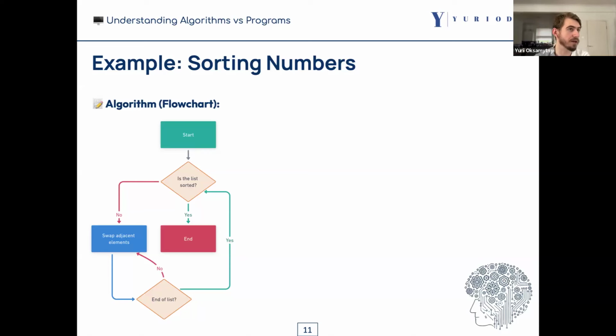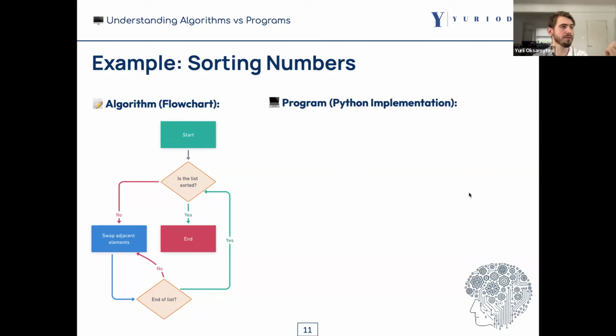In computer science, we usually call it bubble sort, when we are taking two numbers into a bubble and swapping them. Then we repeat the action until we reach the end of the list. If we did not reach the end of the list, we keep swapping the elements. If we reached it, we are checking if the list is sorted. After the list is sorted, we obviously end.